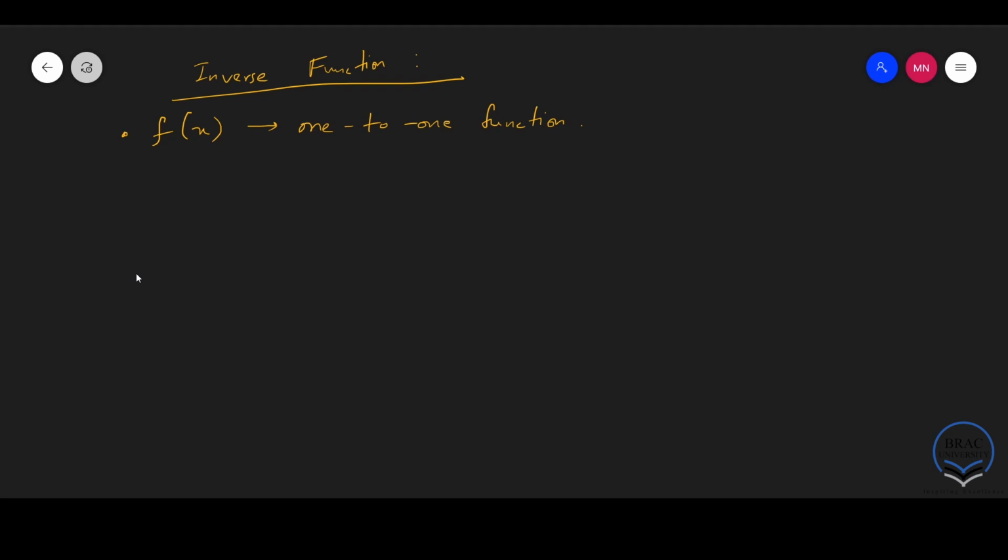So an inverse function is just the correspondence from the range of the function f back to the domain of f.